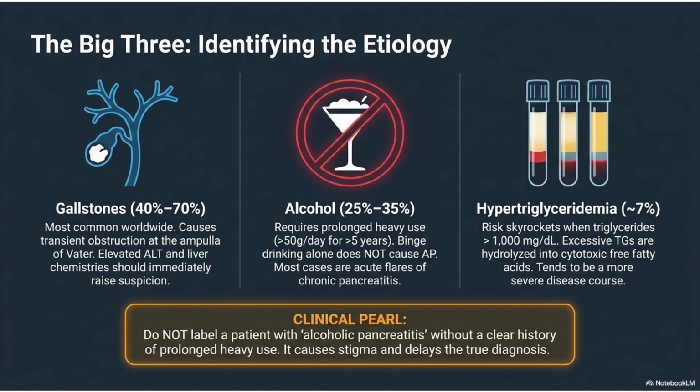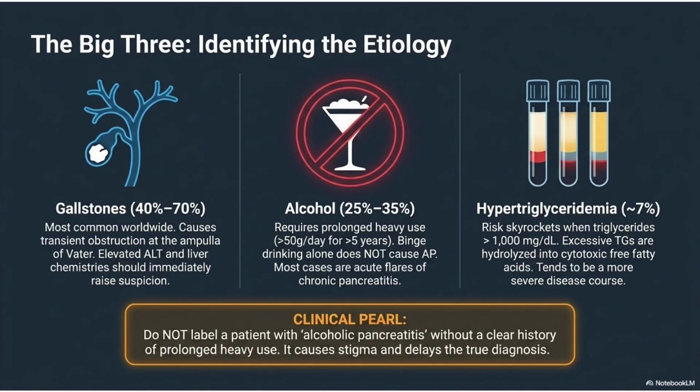Binge drinking episodes here and there might be present in the history, but remember, that's not associated with acute pancreatitis. You need a prolonged heavy user of alcohol. Most of the cases are also acute flares of someone who has had chronic pancreatitis, a chronic user, now having an acute flare of pancreatitis. Yes, think about alcoholic pancreatitis in that case.